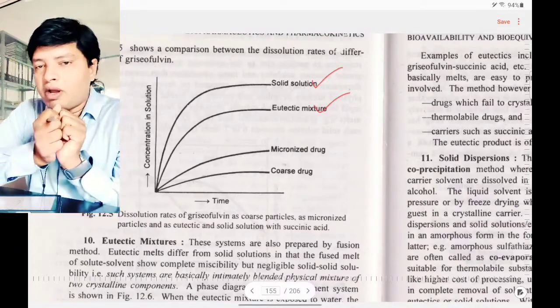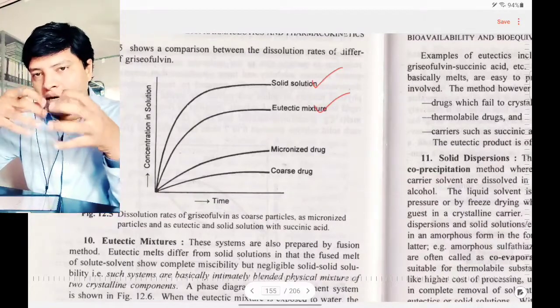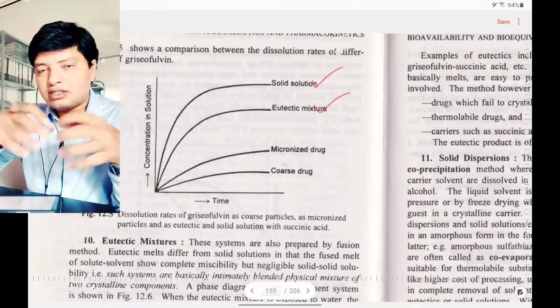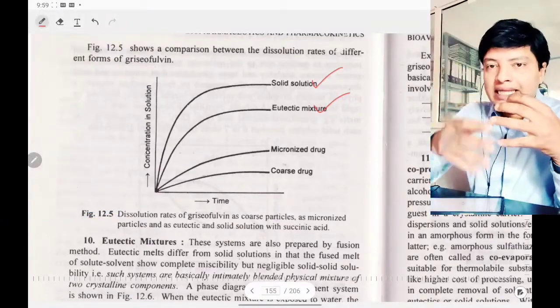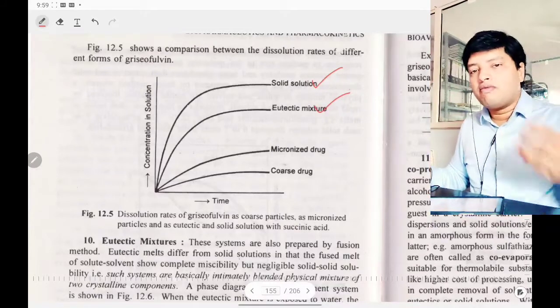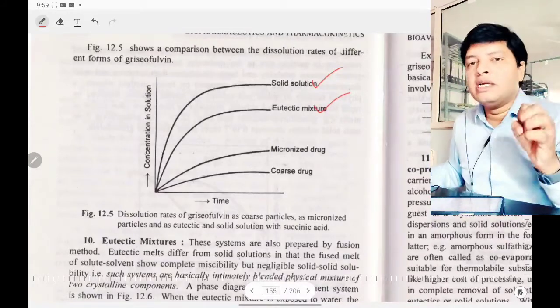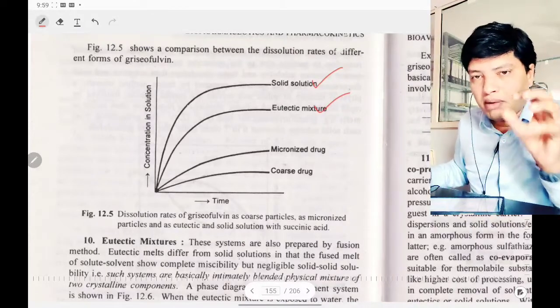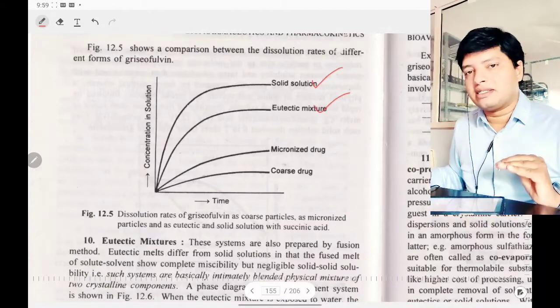When you form a complex, what happens? Due to the intermolecular interactions, the bond formation will be such that the bonds within the molecule which are responsible for the melting will get weak. Due to this weak bond, the melting point of the parent molecule will decrease.